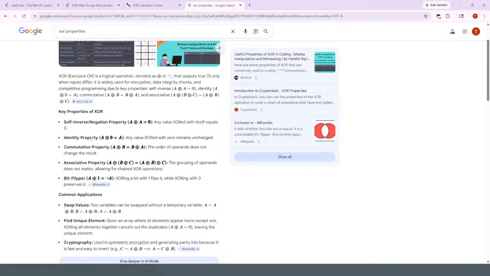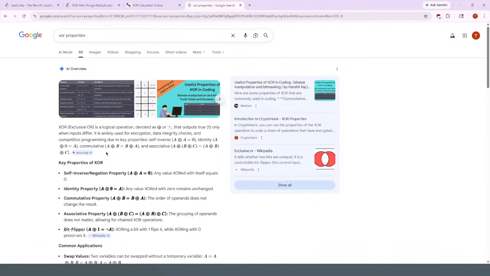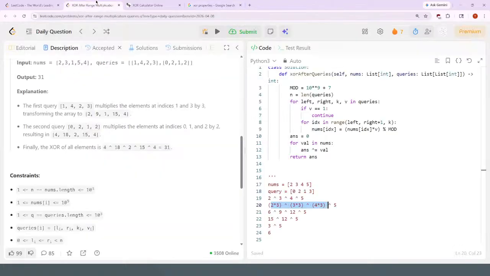There's no kind of multiplication property within it, looks like, based on these properties that are listed here. 2 times 3, 3 times 3, 4 times 3. 6, 9, 12, 5.